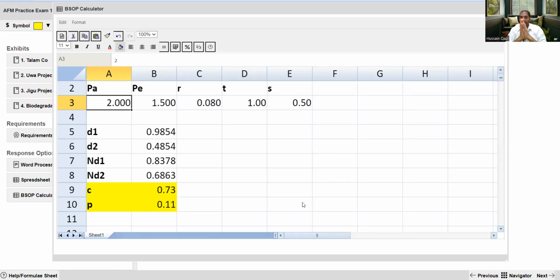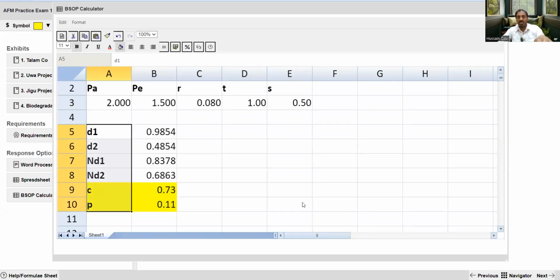But for BSOP, you must have a good command, not just of incorporating the variables, but also of the BSOP theoretical assumptions, limitations, and what these variables are.